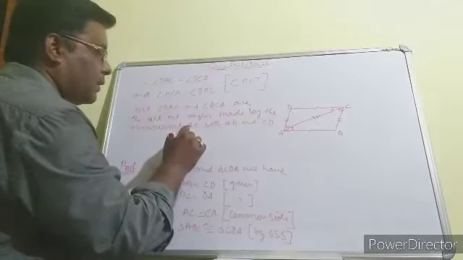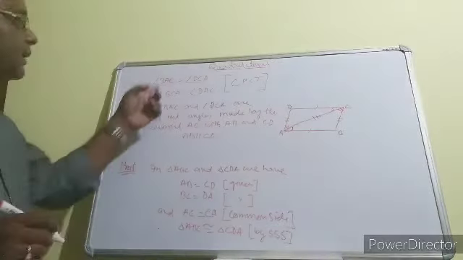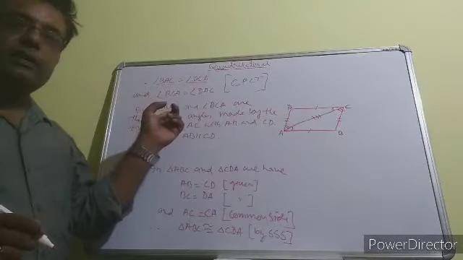Therefore, AB is parallel to CD because they are two equal alternate interior angles.